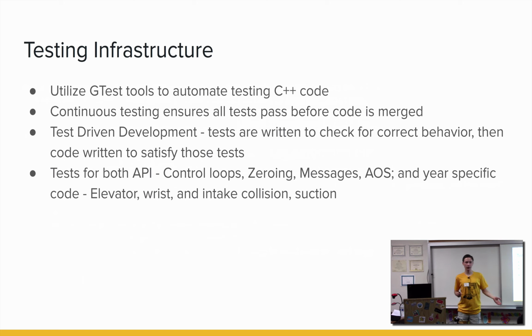And we follow the test-driven development principle, which you may maybe go into that talk later today. The basic idea is that rather than writing code, for example your superstructure code, and then writing tests that match what the code's doing, you write tests that define what the expected behavior of the robot should be, and then you write code to satisfy those tests.